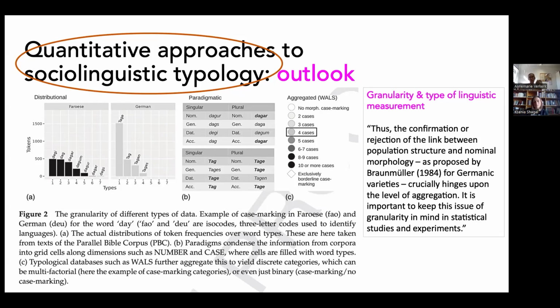What's hard for speakers who might want to simplify a system like that of Varus or German is probably not that they have 4 cases, but it's probably related to the fact that there are 4 singular forms and how they are used in which context, and the distribution and paradigmatic approach captured that much better than aggregated approaches.